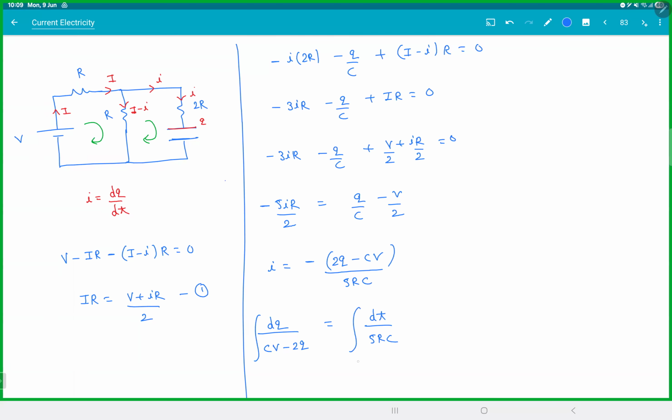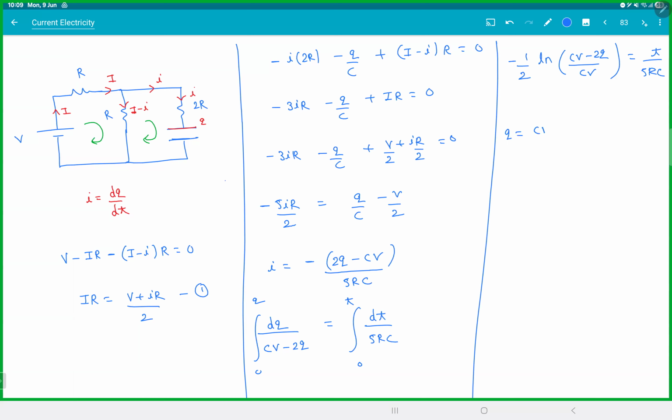Integrate this, 0 to t and 0 to Q. That would be minus half ln of (CV minus 2Q) by CV equals t by 5RC.